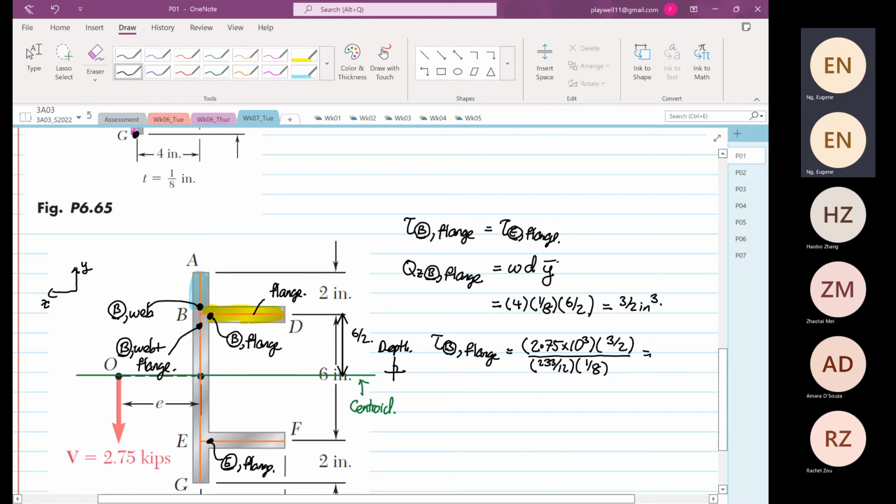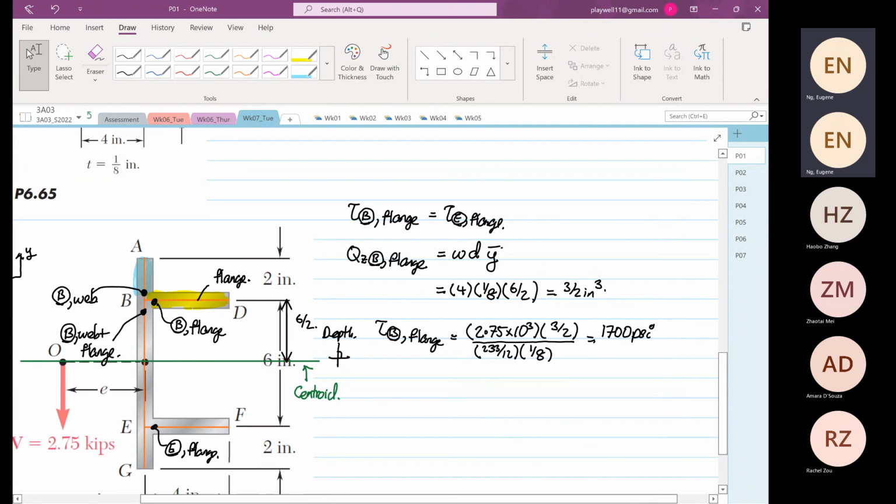So 2.75 times 10 cubed times 3/2, divided by 233/12, divided by 1/8, is equal to 1700 psi, pounds per square inch. So that is the flange. That is very straightforward, right? And this is also equal to the shear stress at point E on the flange.